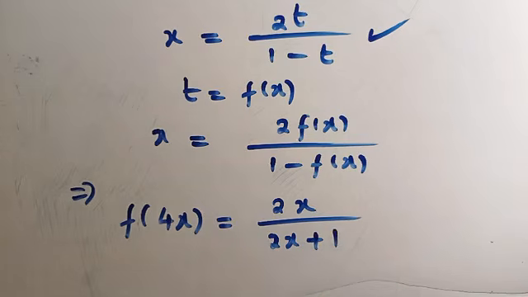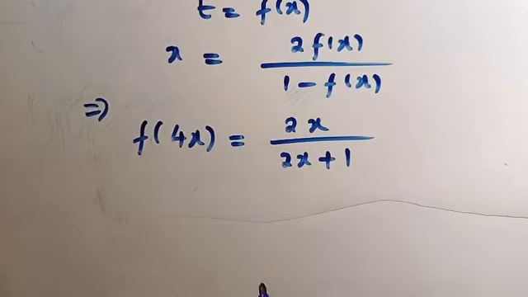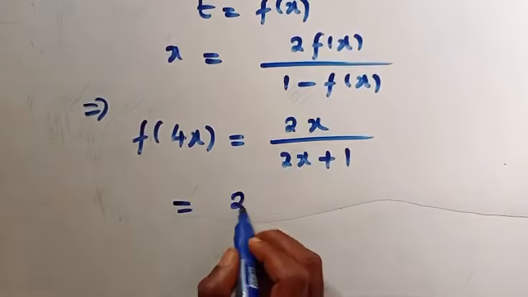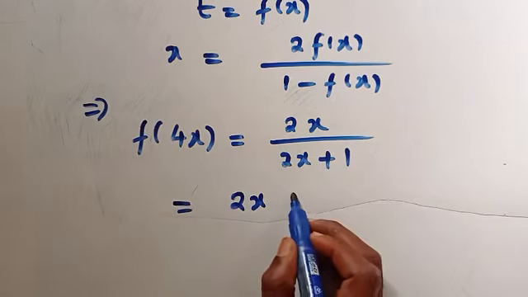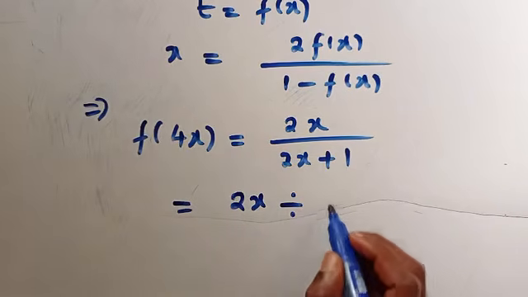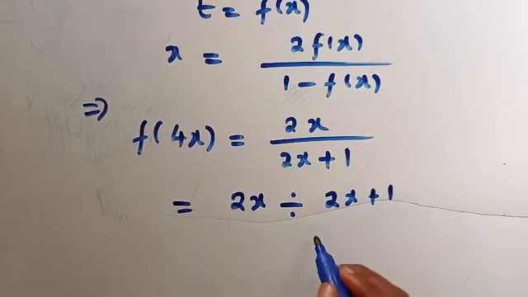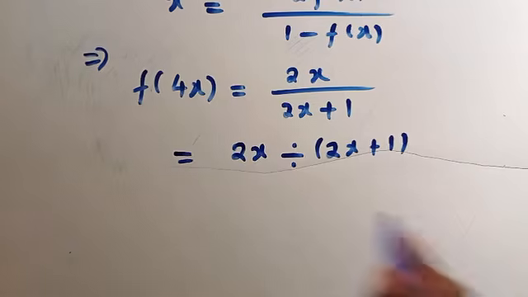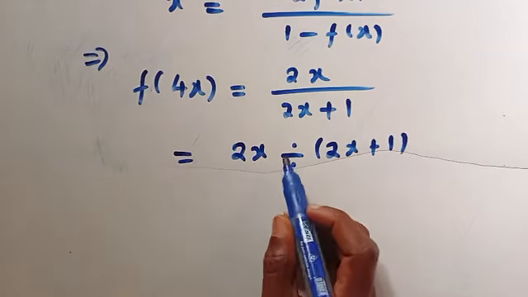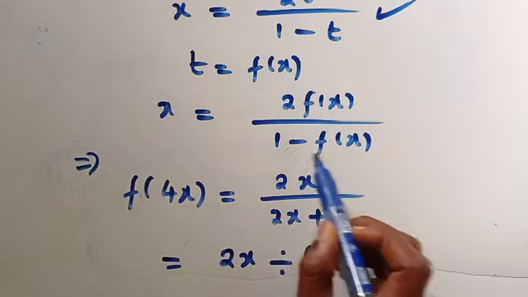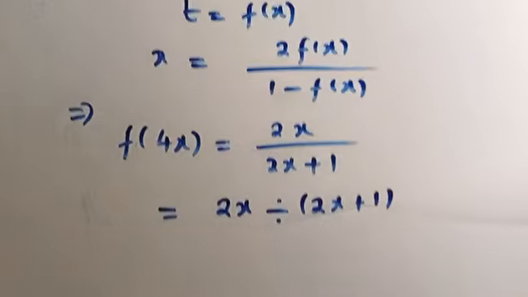For the sake of clarity, let's write this as 2x, with this division changed to a small division like this, then here is 2x plus 1. So these are together, and let's replace x with 2 into bracket of f of x over 1 minus f of x.